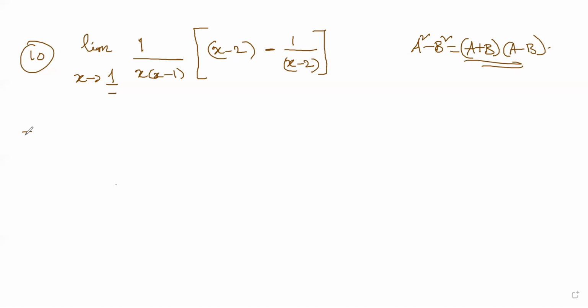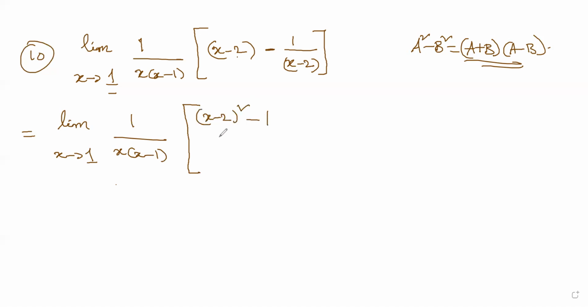So now we'll take the LCM. Limit x tends to 1, so 1 by x into x minus 1, and now x minus 2 into x minus 2, that is x minus 2 whole square minus 1, divided by x minus 2, once I take the LCM.